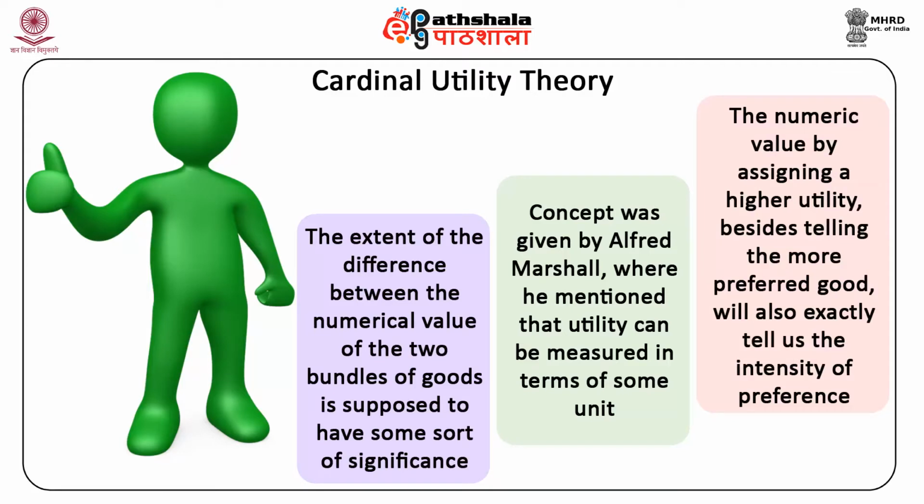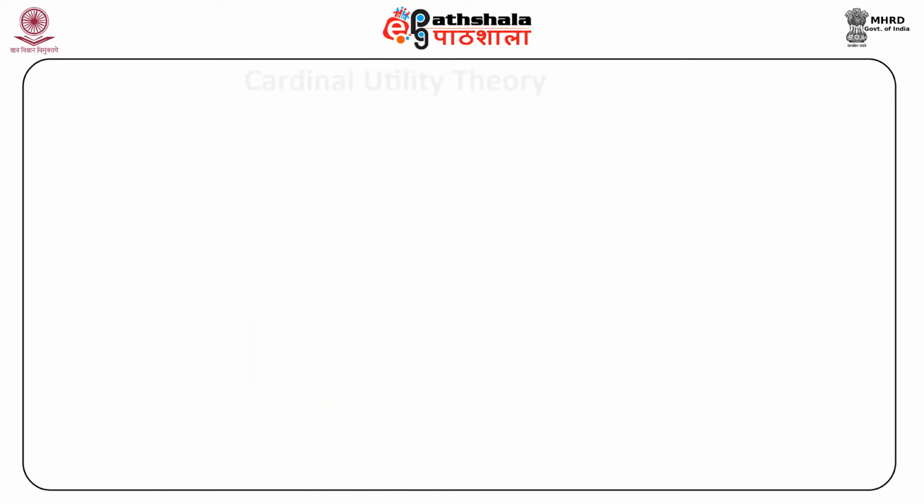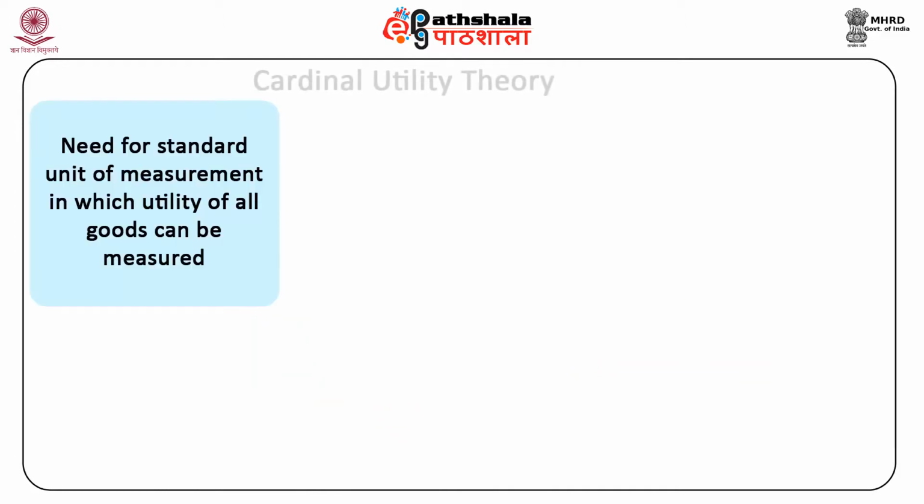The numeric value, besides telling the more preferred good, will also exactly tell us the intensity of preference. This reveals that a cup of tea gives twice as much utility as a cup of coffee. For this, we require a standard unit of measurement in which utility of all goods can be measured.